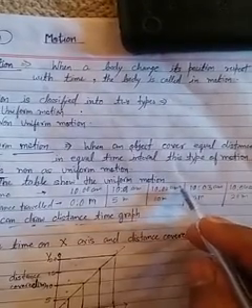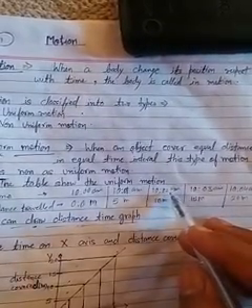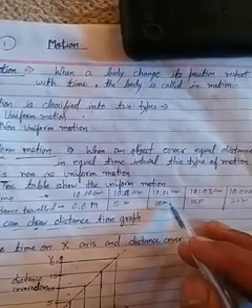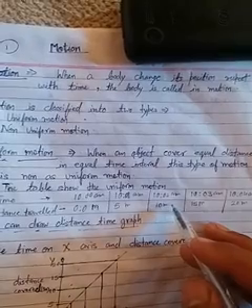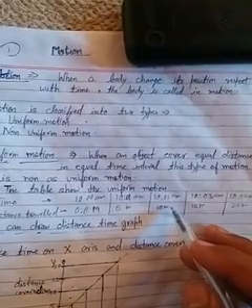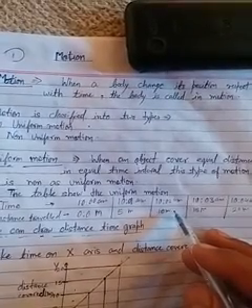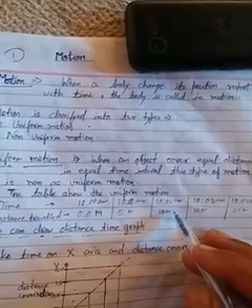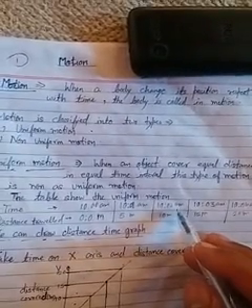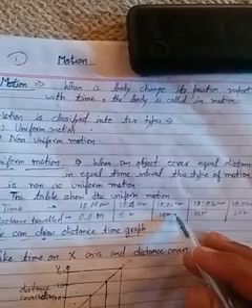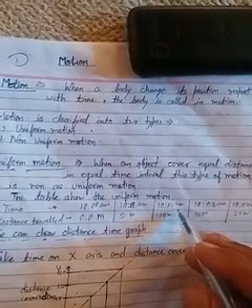So here the time interval is 1 minute, and the distance covered is 5 meters. So we can say the object is traveling with a uniform motion, means it is traveling 5 meters in 1 minute. In every 1 minute it has traveled 5 meters. So this is the uniform motion.